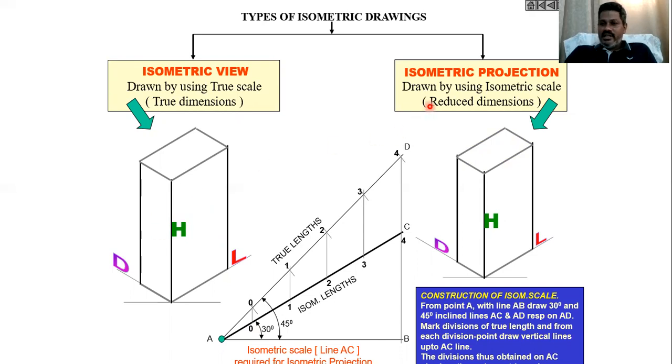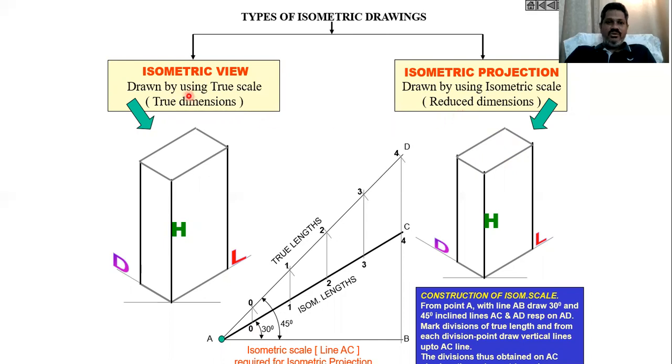Then whenever a three-dimensional drawing is mentioned as the isometric projection, in that case, the dimensions are reduced. All the dimensions are not original dimensions. Those dimensions are reduced dimensions.